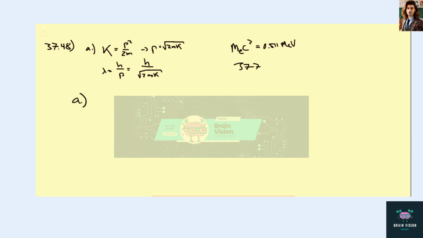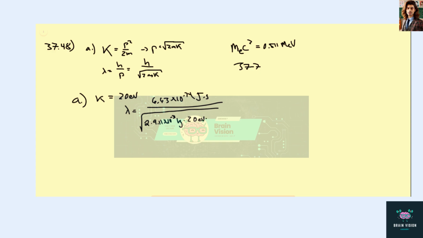So for part A, the kinetic energy it gives us is 20 electron volts. So our wavelength now is 6.63 times 10 to the negative 34 joule seconds over the square root of 2 times 9.11 times 10 to the negative 31 kilograms, the mass of the electron, times 20 eV.